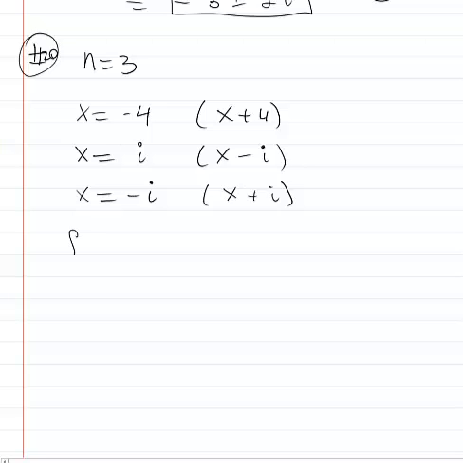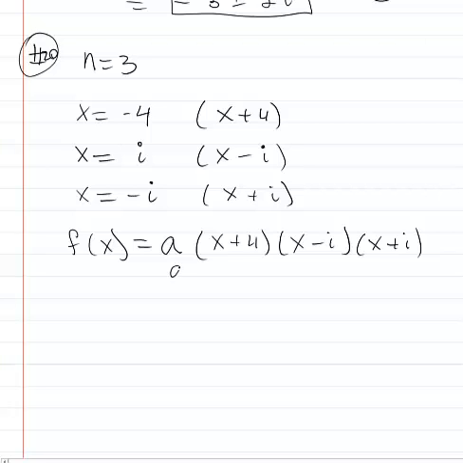So then our polynomial, and here's the tricky part. I don't know whether it's going to have any constants involved. So here's what I'm going to do. I'm going to put an a as a constant to be determined because I don't know what it is. Then, bear with me here, you're just going to multiply the factors as we did in class.